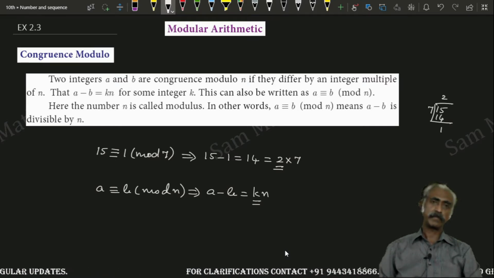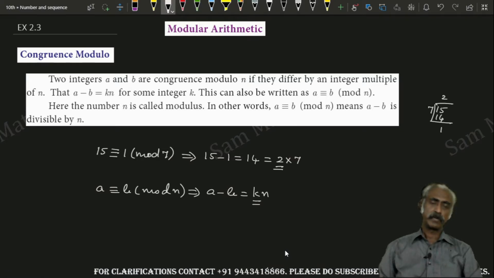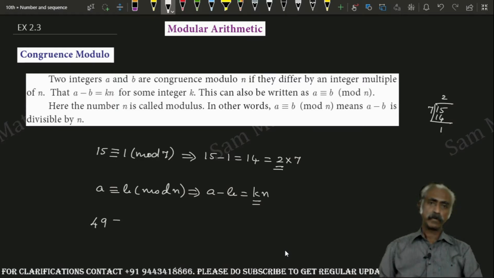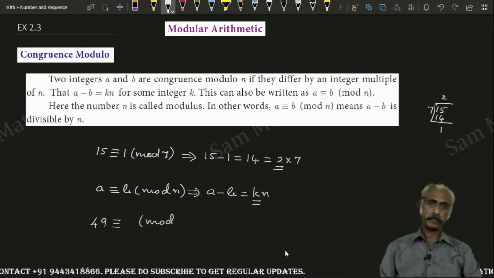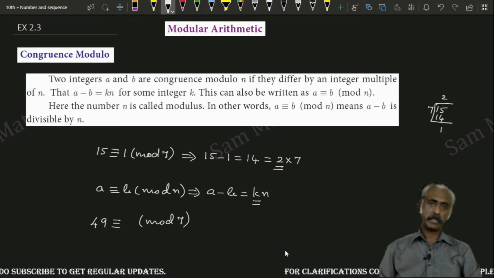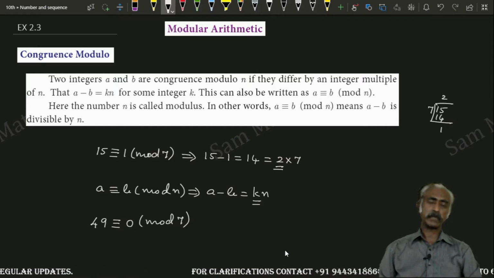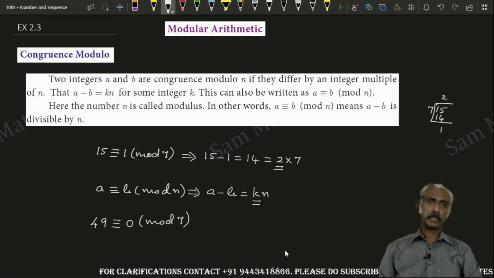So in general, suppose I am taking 49 congruent to, suppose I am taking mod 7. While dividing 49 by 7, we are getting the remainder 0. Here always we used to write the remainder. That is known as congruence modulo.